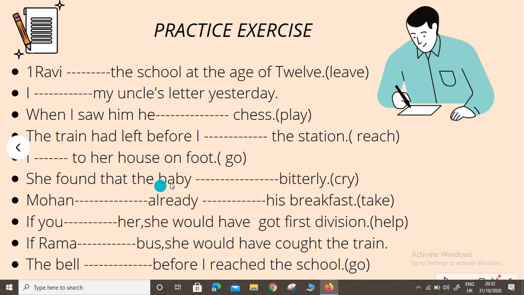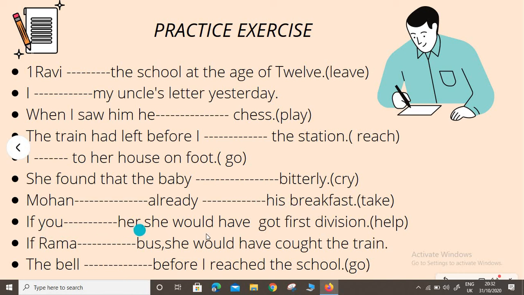So at the time of speaking, this action is going on. So she found that the baby was crying bitterly, past continuous tense. Mohan already dash his breakfast. Mohan had already taken his breakfast.